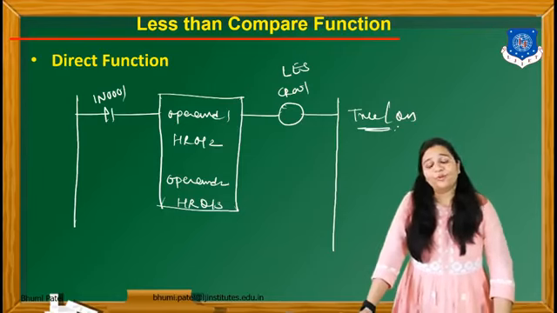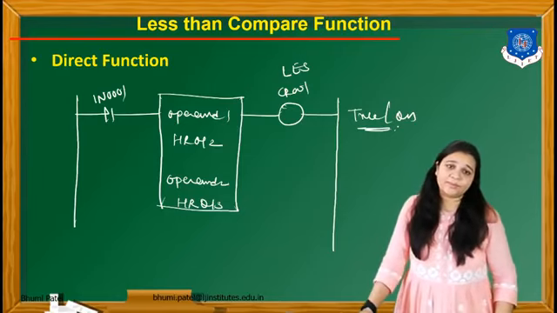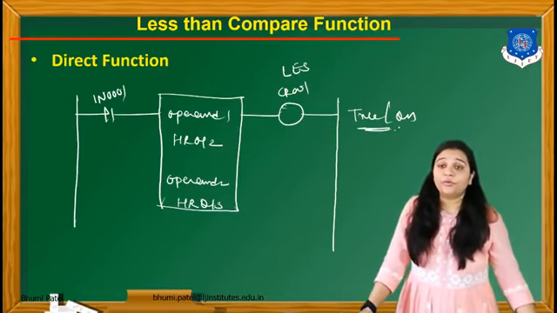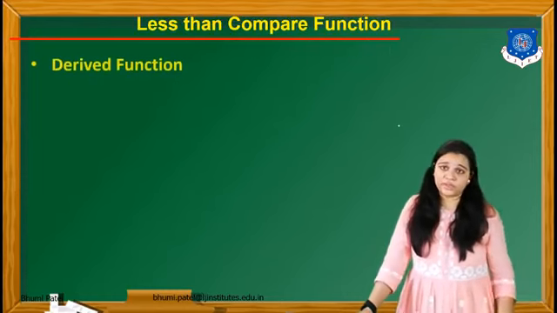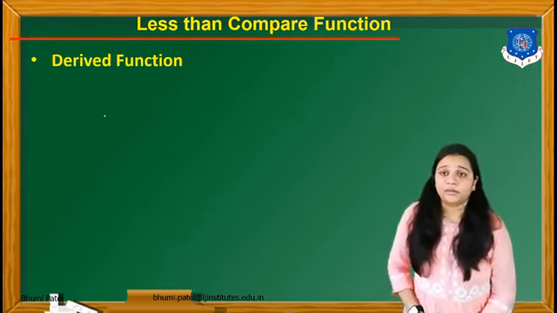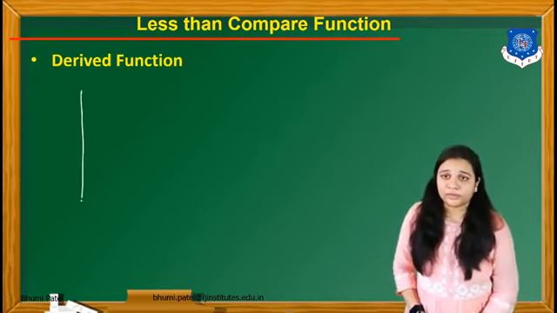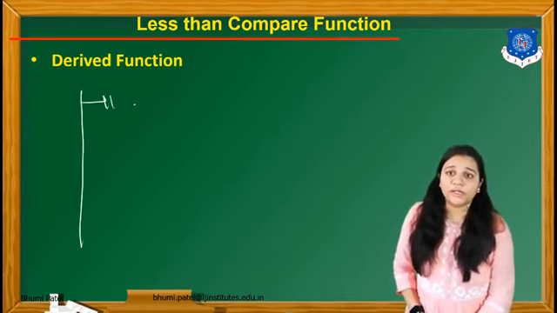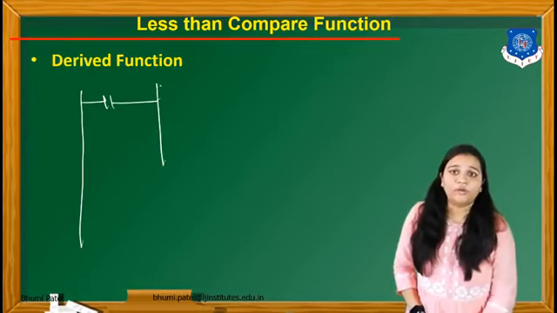Okay, but we do not use the direct function in PLC programming. So we have to draw the derived function for the less than compare function. For that, simply we take one input signal, one block format, and one output.